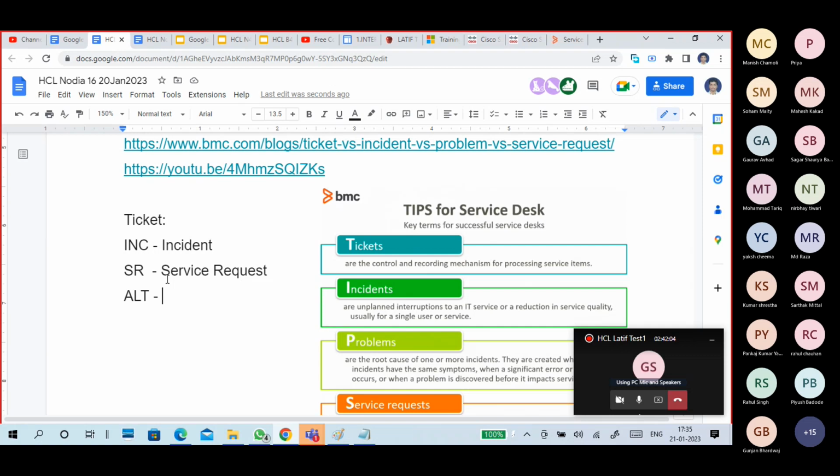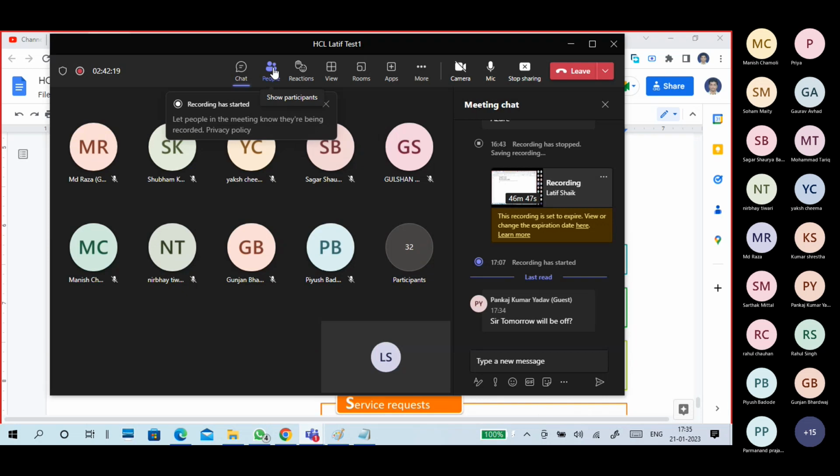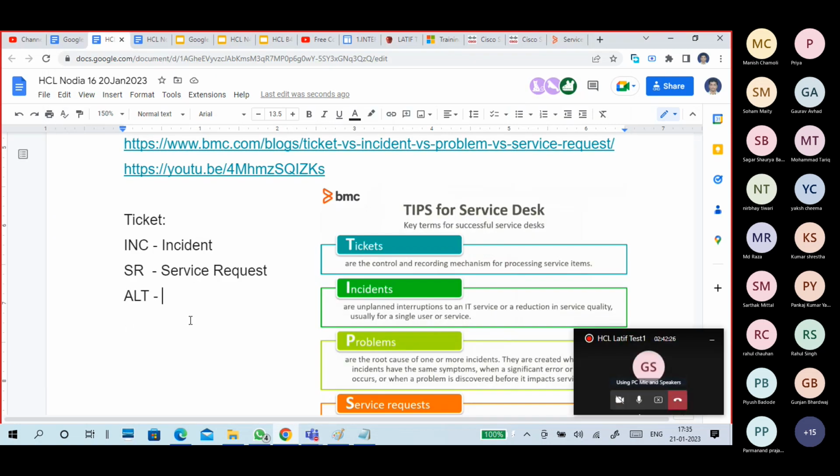So service request. For example, I forgot my email ID password: service request. I am unable to access mail communication, my mail communication is down, I am unable to send or receive mail: incident.